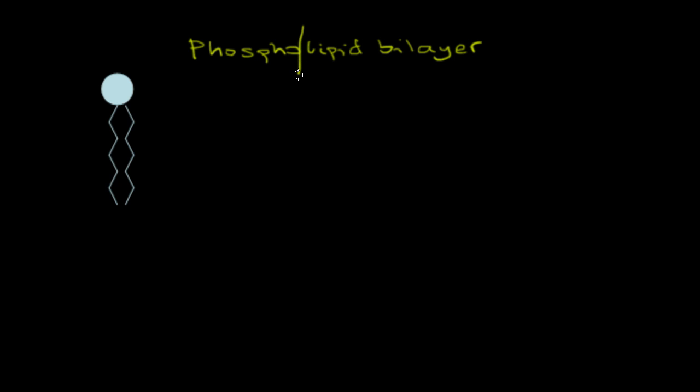So you've got the phosphate side and you've got the lipid side. So the phosphate, and this is a diagram of an element of the phospholipid bilayer, is made up of the phosphate head, which is this part here at the top. So this is the phosphate containing head.